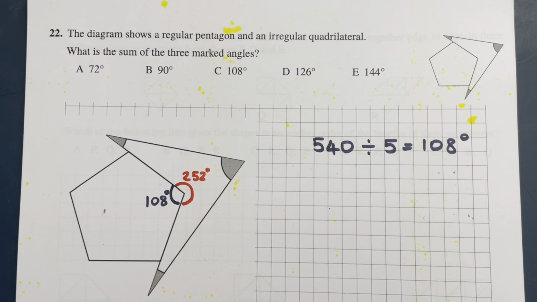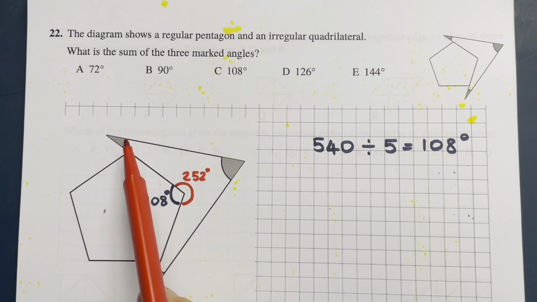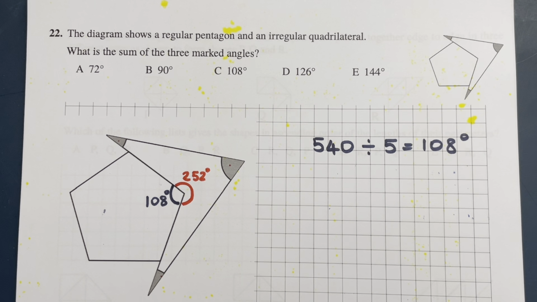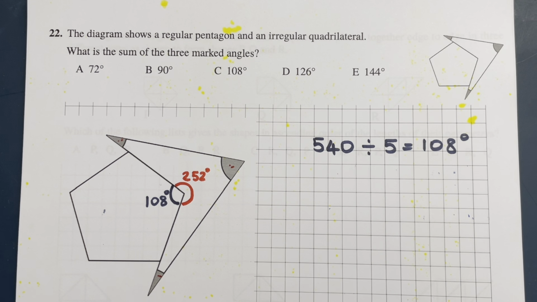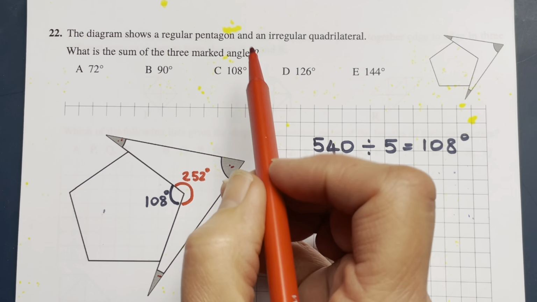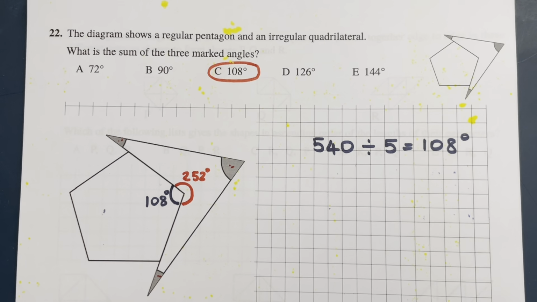But the calculation that I needed to do was the sum of these three angles. I know that the sum of the four angles of my quadrilateral are 360. Therefore, the sum of my three angles here is going to be this 108 degrees. So the answer is C, 108 degrees.